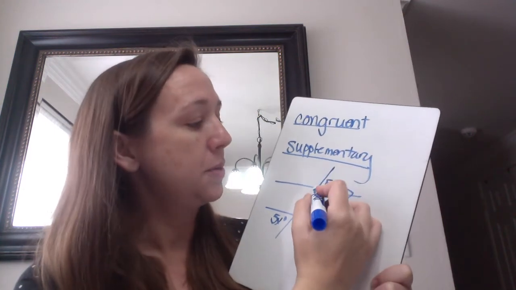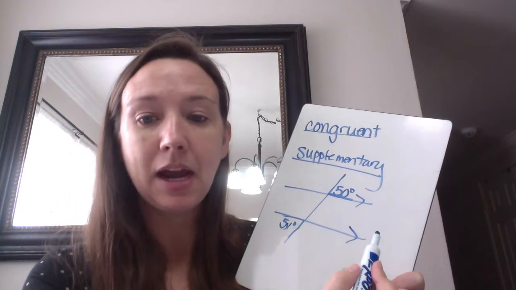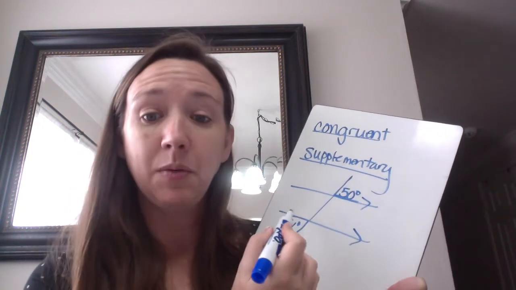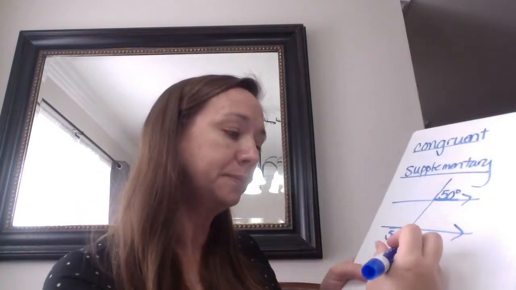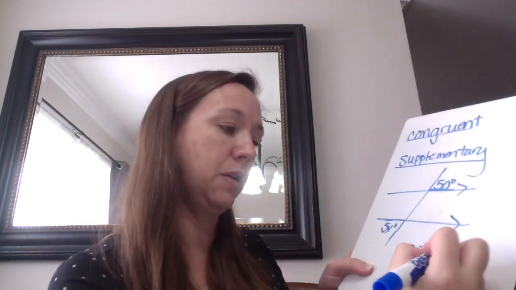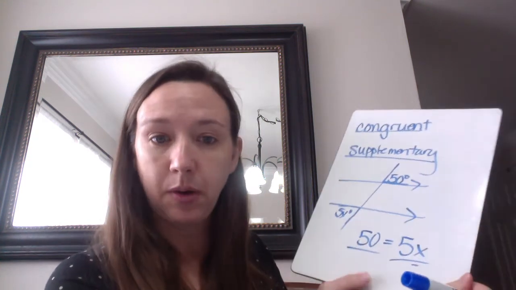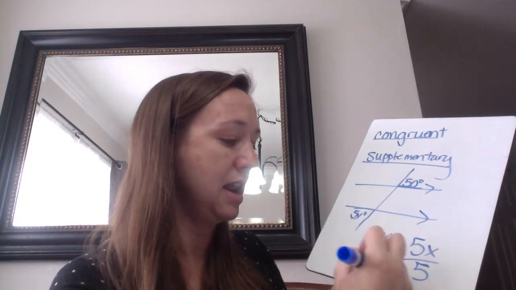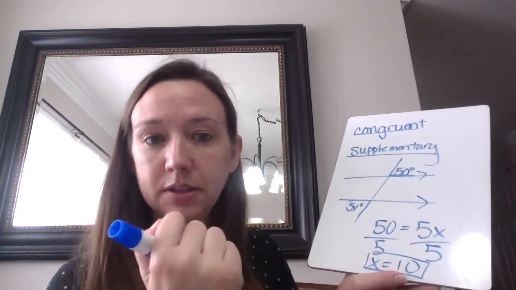Because these are both the small angle, if I had patty paper or tracing paper, I could copy this one and rotate it around and it would be exactly the same size as this one. That would mean that I'd write 50 equals 5x. And I would solve this equation. I divide both sides by 5, and I would get x equals 10, because 5 times 10 is 50, so it's the same.